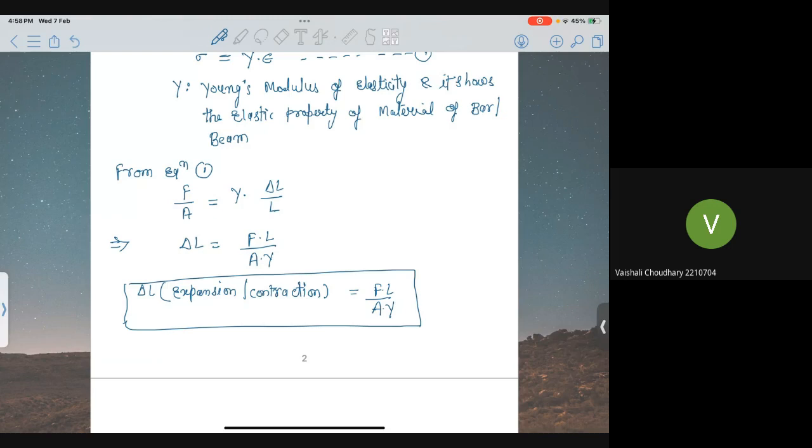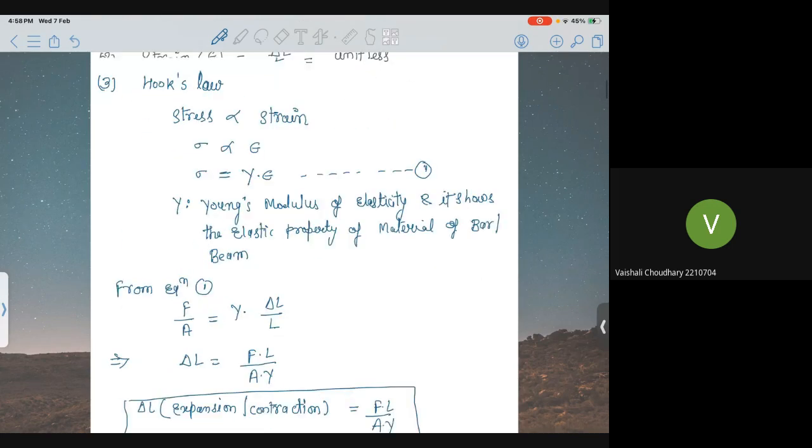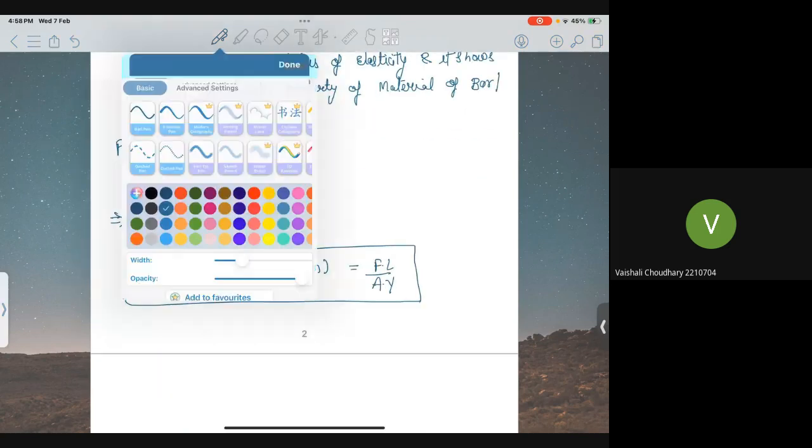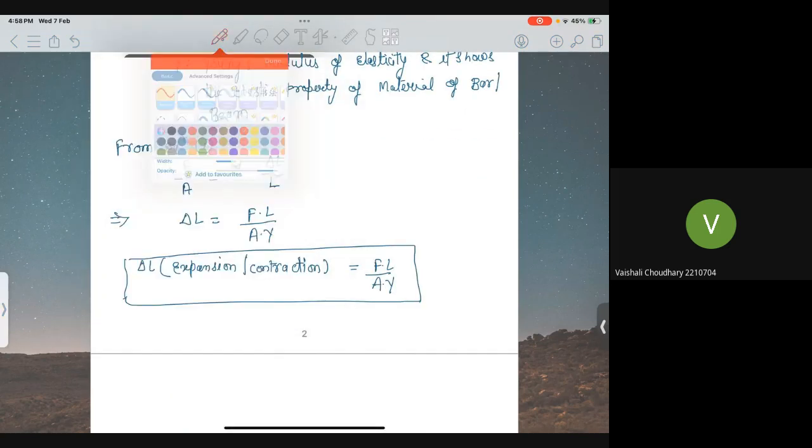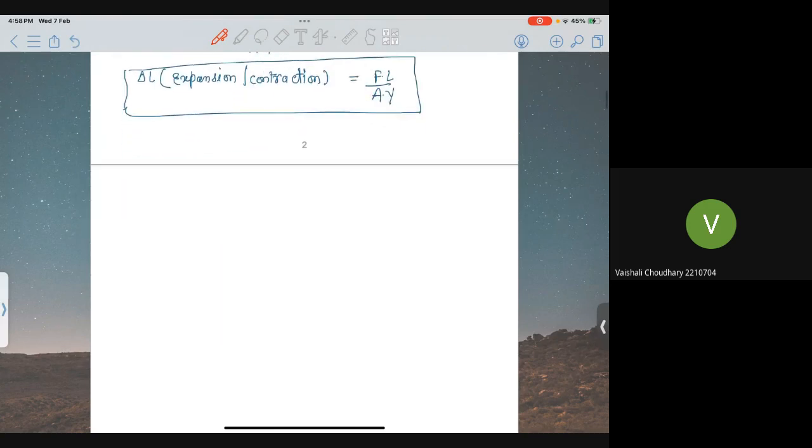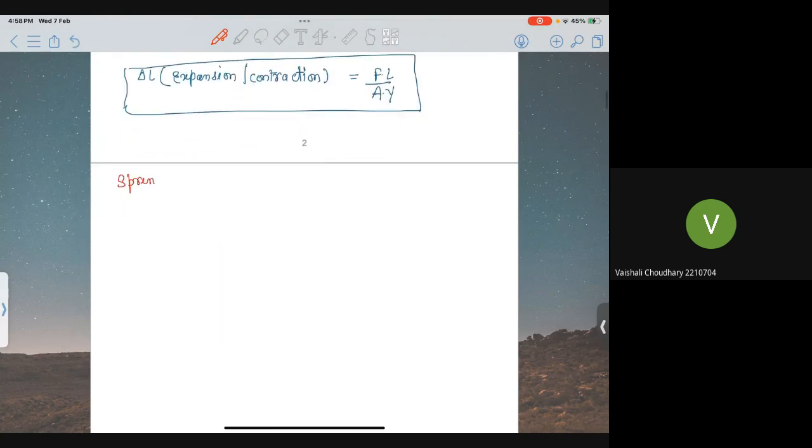Now, we'll move on to the spring mass system. First, we'll talk about the parallel system.